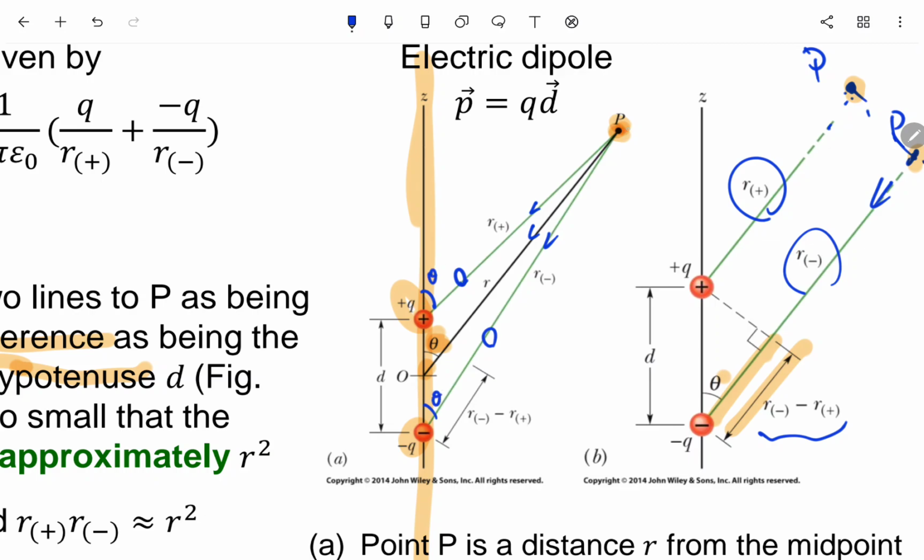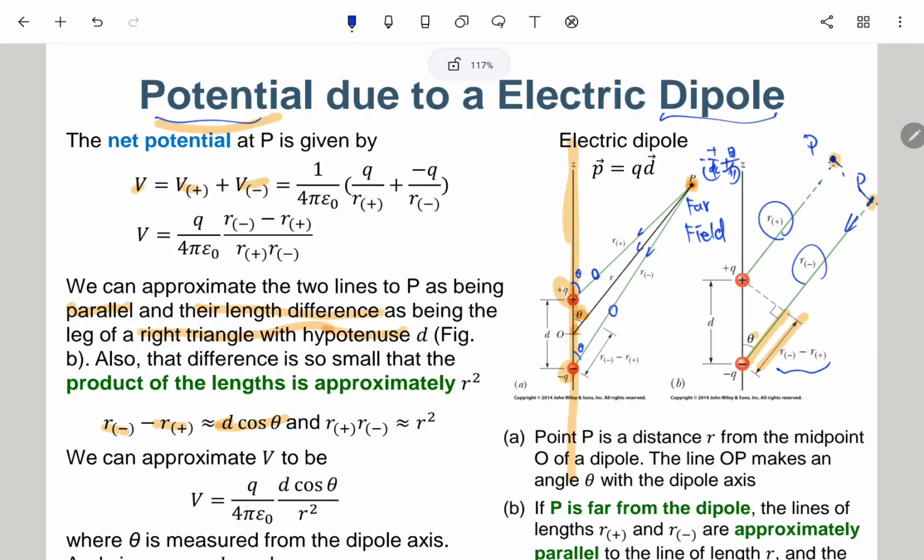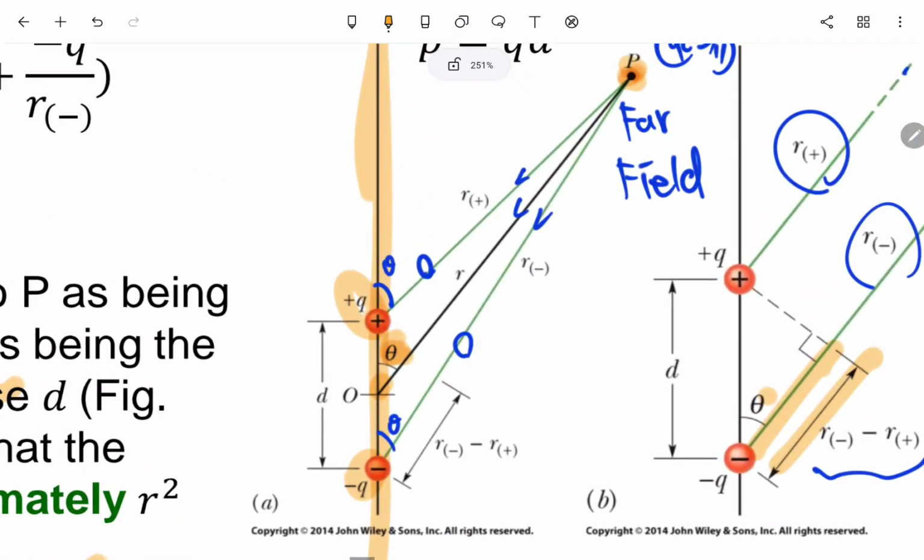Okay, so we assume this P is far away, or we can call it the far field. And also we can assume that R plus times R minus is equal to R squared.